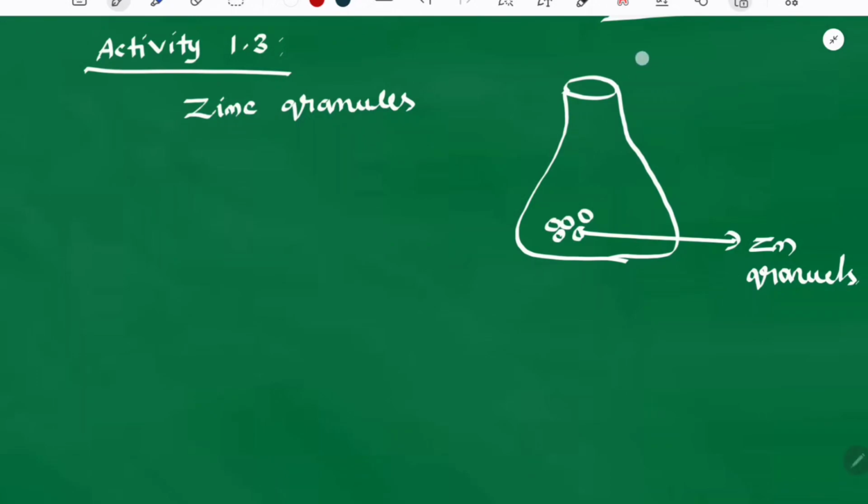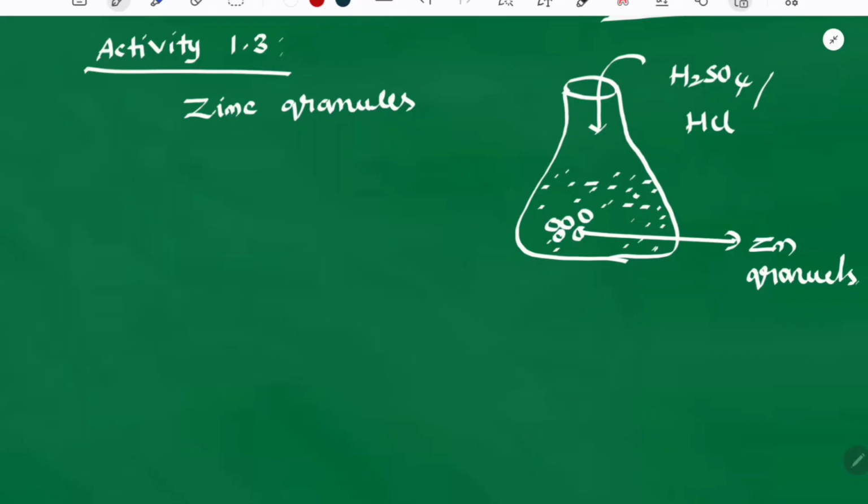So then he said you can add which one? H2SO4 sulfuric acid or HCl, any one you can add. After that you can observe what happens inside the conical flask.